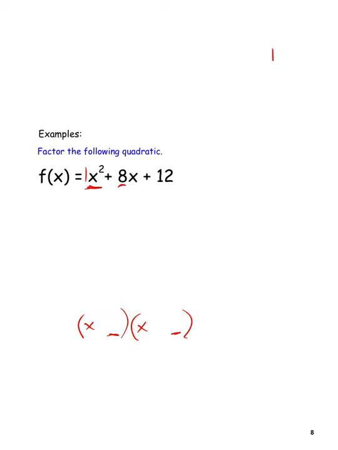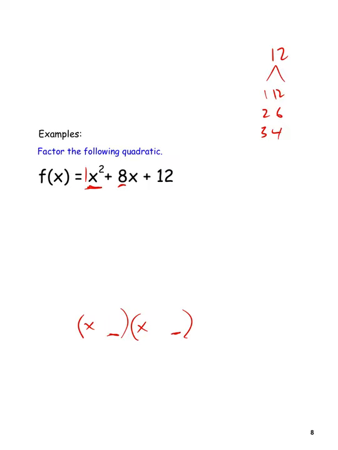So if we look at factors of 12, we've got 1 and 12, we've got 2 and 6, we've got 3 and 4. So sometimes the negative values can mess with this a little bit, and when a ends up not being equal to 1, it will get a little more complicated at that point as well. But here, everything is in the positive.